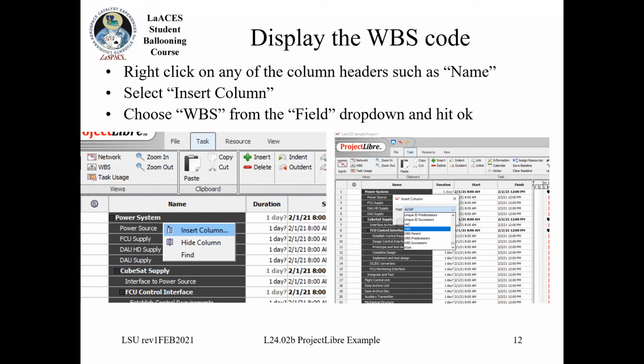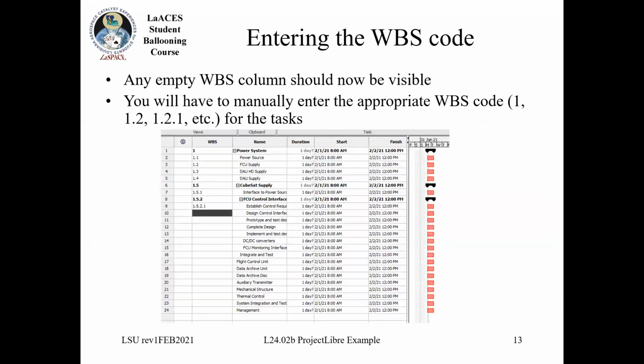If I right click on any one of the columns here, like name, duration, start, finish, you'll get a little pop-up window that says insert column. It will then give you a drop down with a whole big list of all the possible columns, one of which, if you scroll down, will be WBS. And if I do that, it will add a WBS column.